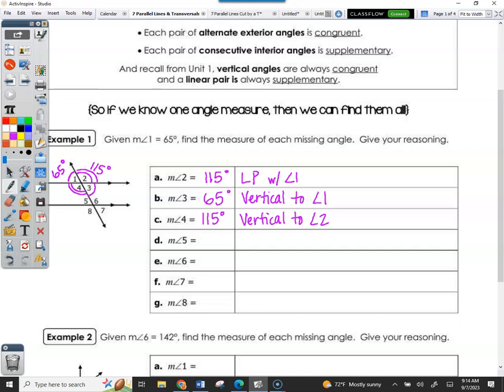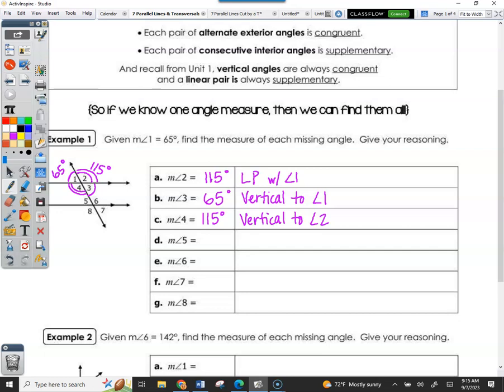Now, thinking back to the video at the beginning of class, and looking at your half sheet, can you tell me the angle that corresponds with 1? The angle that corresponds with 1. Look at your half sheet.